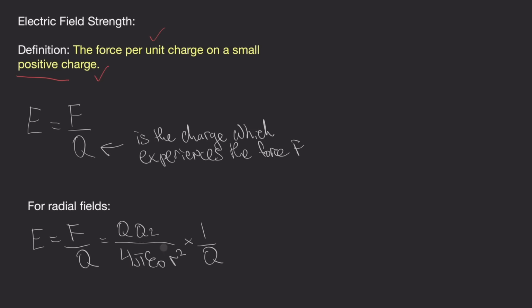Now these are going to cancel, and what we're left with in this case is just Q2 over 4 pi epsilon naught r squared. Now Q2 is in this case the charge which creates the field, or the charge which is the source of the field.